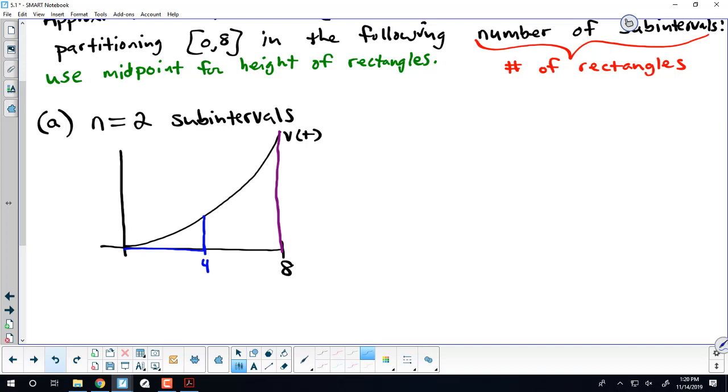So to determine the height of this first rectangle, we ask: what's the midpoint between 0 and 4? We're going to use that t value and evaluate the function at 2. That y value right there is going to be the height of that rectangle. So that's the rectangle we're using. I'm going to erase this in that first region.